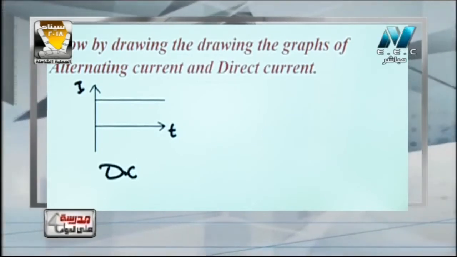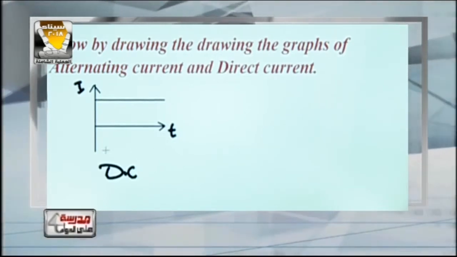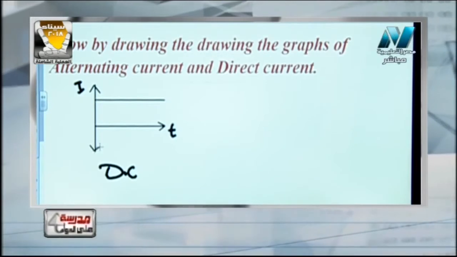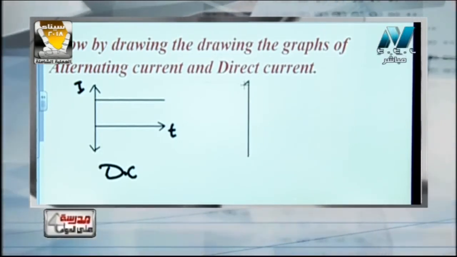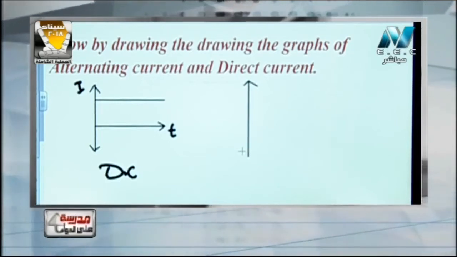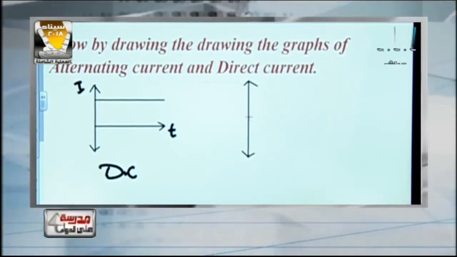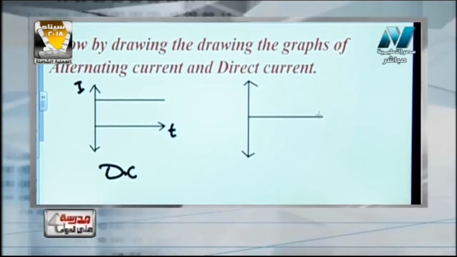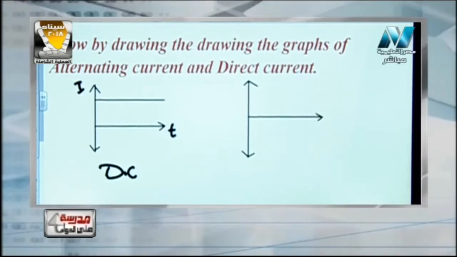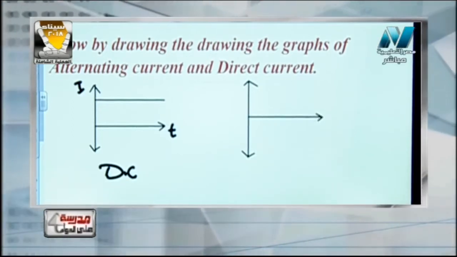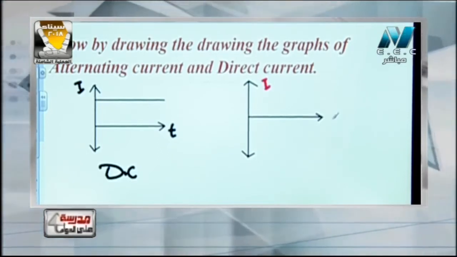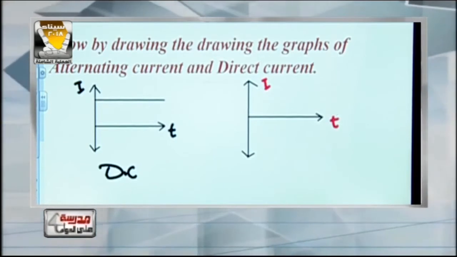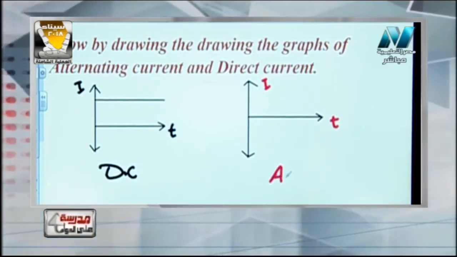But if we have another type, as we have here, direct current, and here we have alternating current. We have two axes, the axis of current intensity, and the other one is time. So here we have I and here we have T. But here we have alternating current or AC.